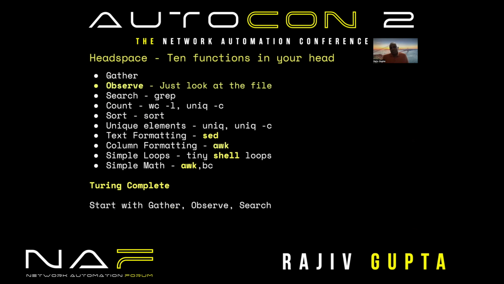So in this case, these are the ones I work with, about 10 functions. The reason I'm telling you about these 10 functions is I feel like they're useful. But again, this is a text file. You don't have to use any of these. You can use your own way to search. So I'll just go through them: gathering data, observing data, searching, counting, sorting, finding unique elements, formatting text, column formatting.